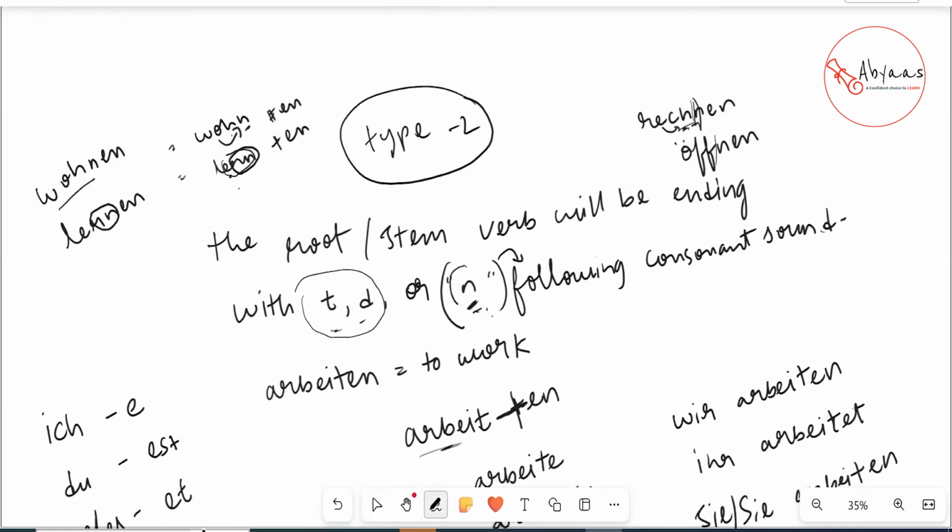So this is n, and this is a consonant sound. The consonant sound is before the n. Exactly. So n is following a consonant sound. Okay. Got it? The consonant sound is not following n, but n is following the consonant. Okay. Got it?